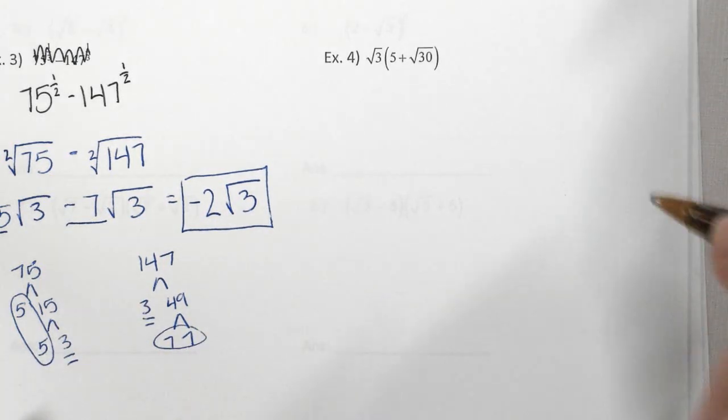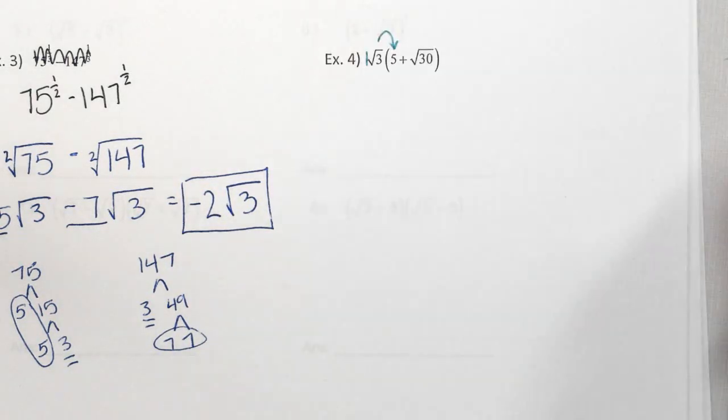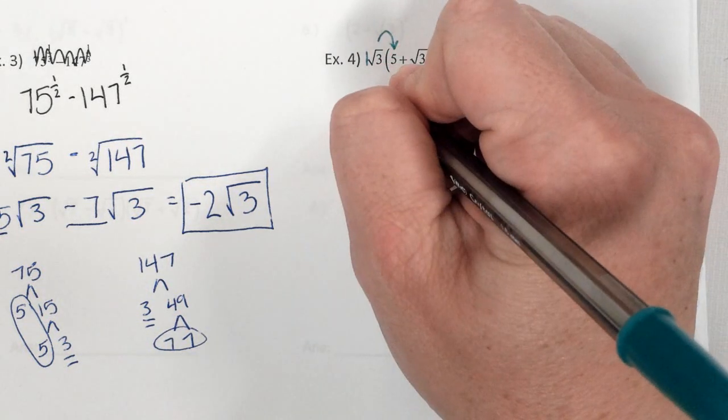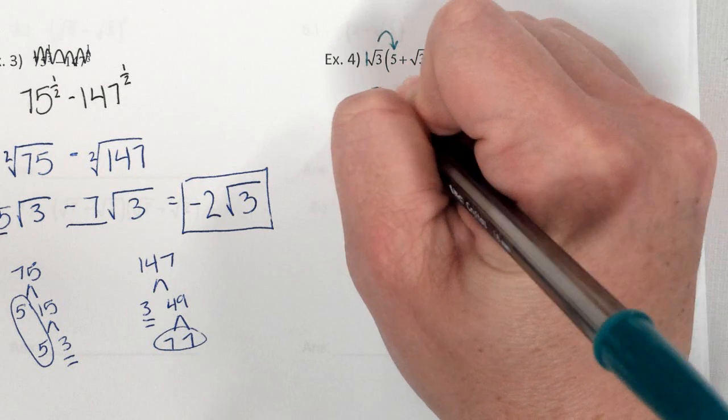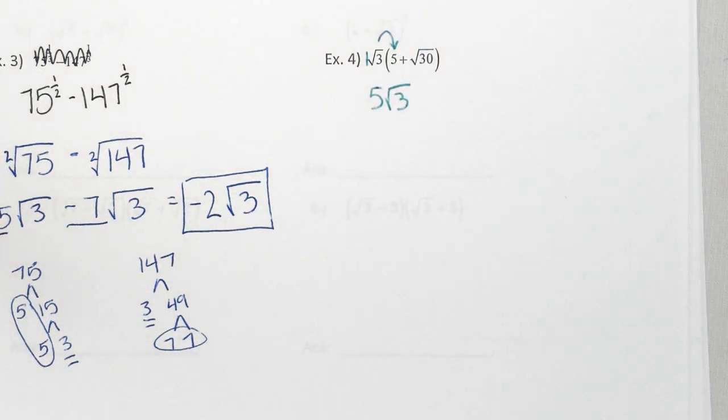Which means what? Multiply. So, what I want you to realize is this the same thing as 1 square root of 3? Yes? So what's 1 times 5? So this becomes 5 square root of 3 because square root of 3, there is no square root over here, so it doesn't change.